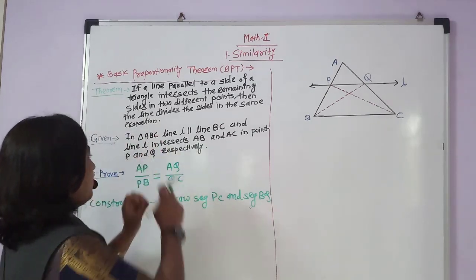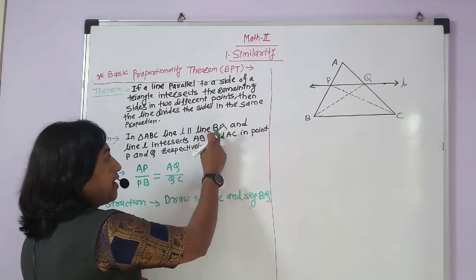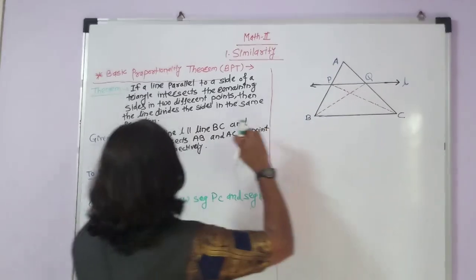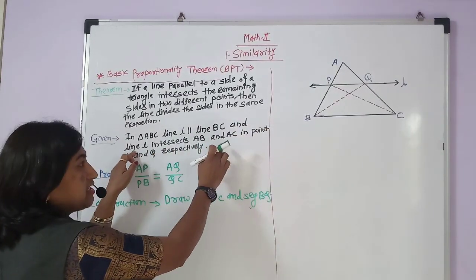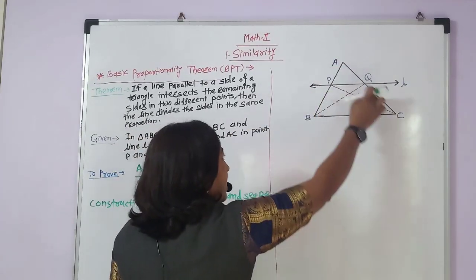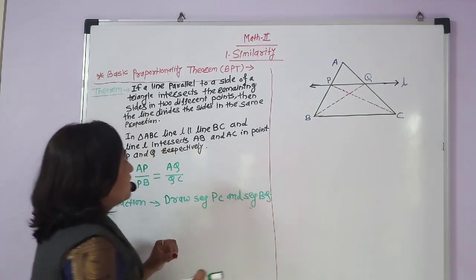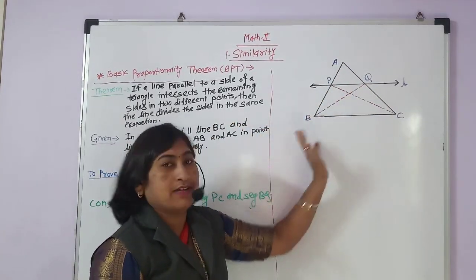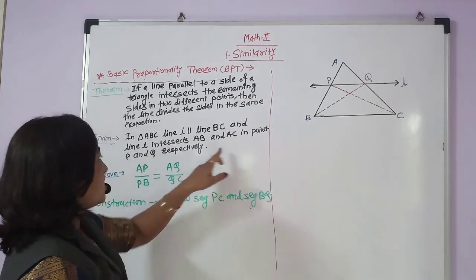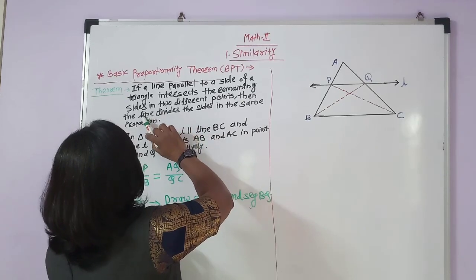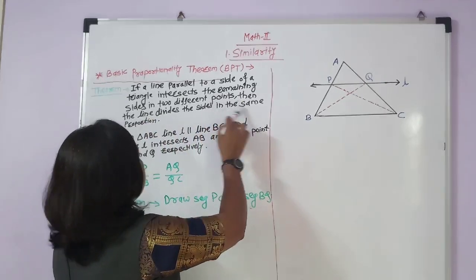From this diagram, we write the given. In triangle ABC, line L is parallel to BC, and line L intersects AB and AC in points P and Q respectively. So this is our given. And to prove, the line divides the sides in the same proportion.